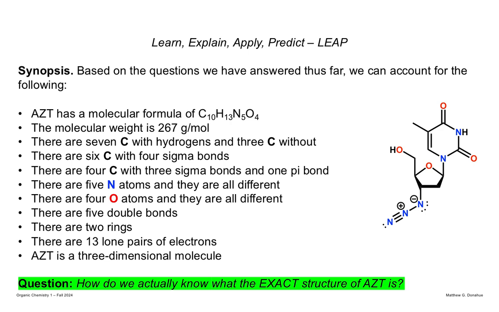There are 7 carbons with hydrogens, 3 without, 6 carbons with 4 sigma bonds, 4 carbons with 3 sigma bonds and 1 pi bond, 5 nitrogens that are different, 4 oxygens that are different, 5 double bonds, 2 rings, and 13 lone pairs. As a result of the trigonal planar and tetrahedral geometries, the molecule is 3-dimensional. Getting back to that quote by the Nobel laureate Feynman, we know a little bit more about AZT than the name now. We've observed it, we've asked questions.